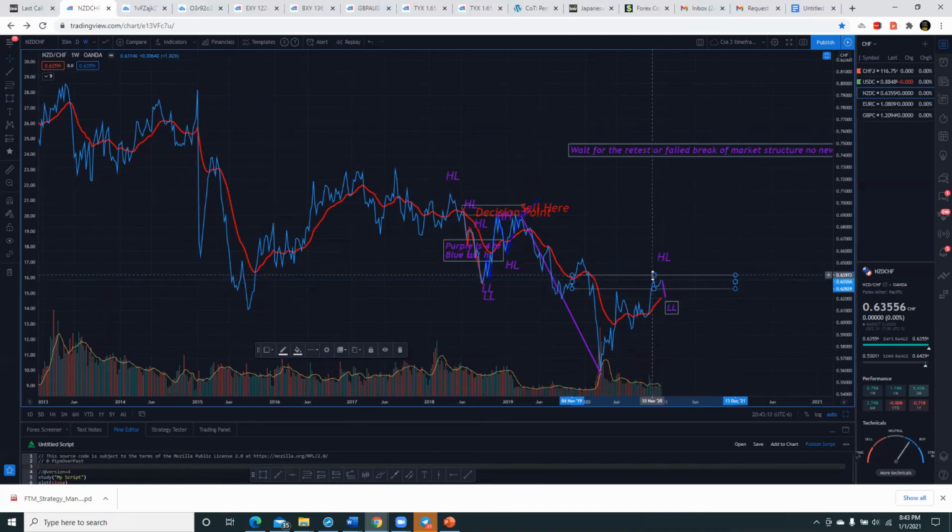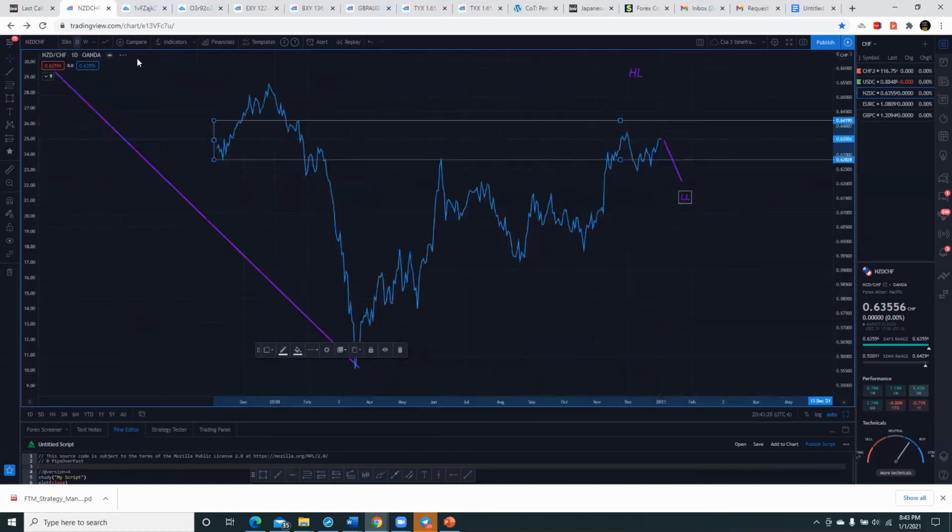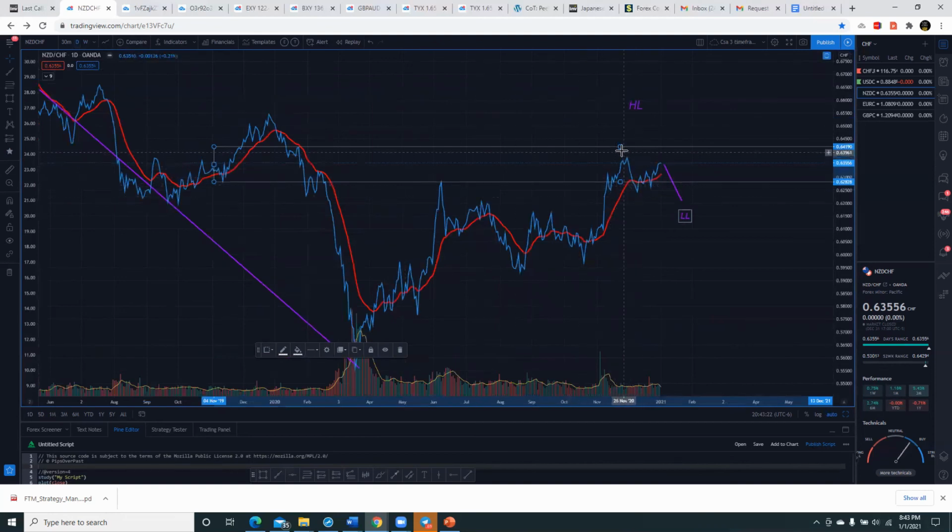This will be our decision point here. And we can adjust that when we come to this daily chart. And we can even use this here. Some nice structure here.